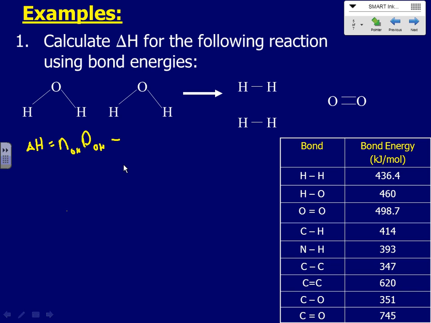And so now it's minus, and this is going to be the sum. In this case we've got to add up the number of HH bonds times the energy of HH bonds, and we also have the number of O double bond O bonds times the energy of O double bond O bonds.